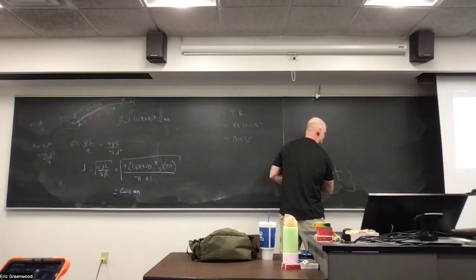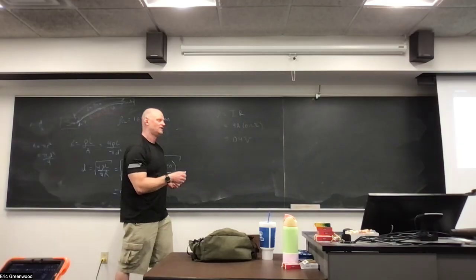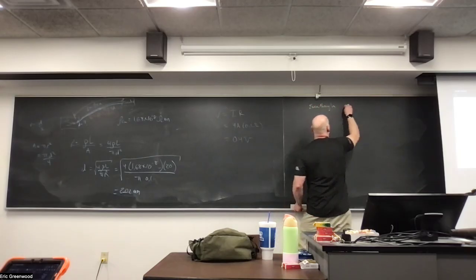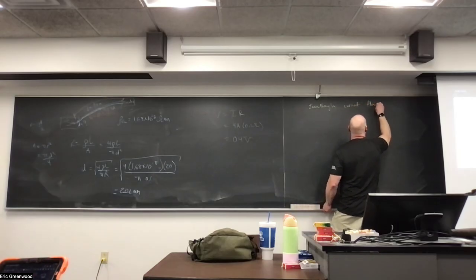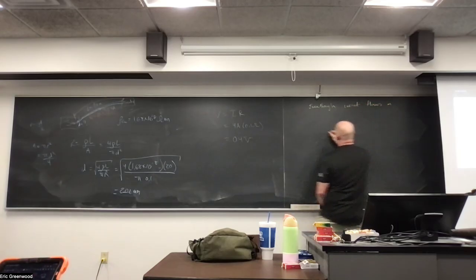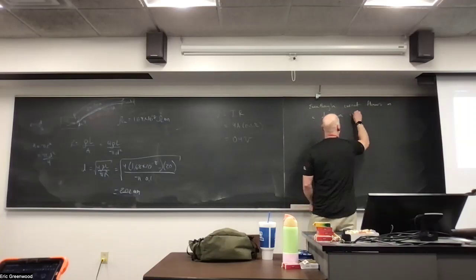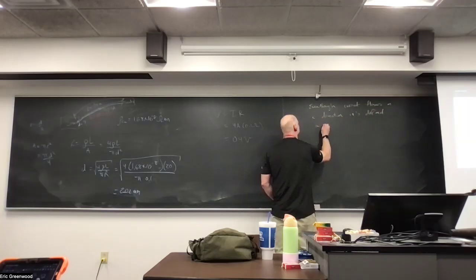So one thing to note about current is current has a direction, but it's a scalar quantity. So even though current flows in a direction, it's defined as a scalar.